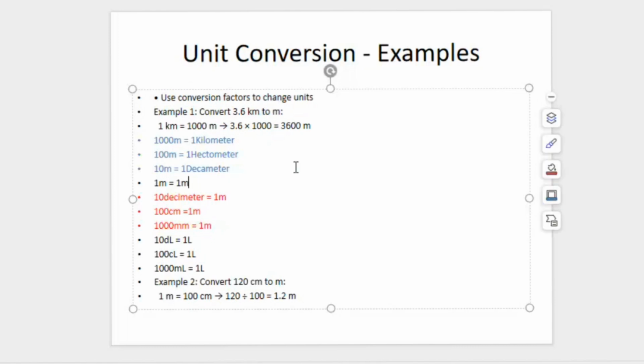So the rule I'm giving you here is, when you are doing any conversion, the first thing you should check is, are you moving from a big level to a small level? These things here, especially these 6 levels, or if I call it 7 levels, should be at the back of your mind. If you're moving from big to small, you multiply by the value, either 1000 or 100 or 10.